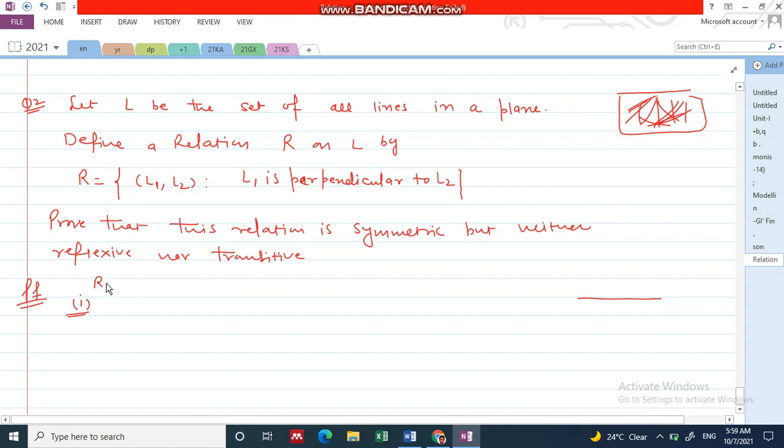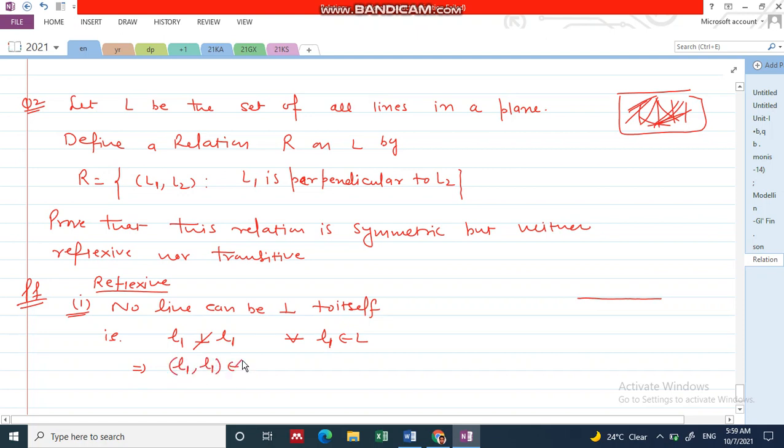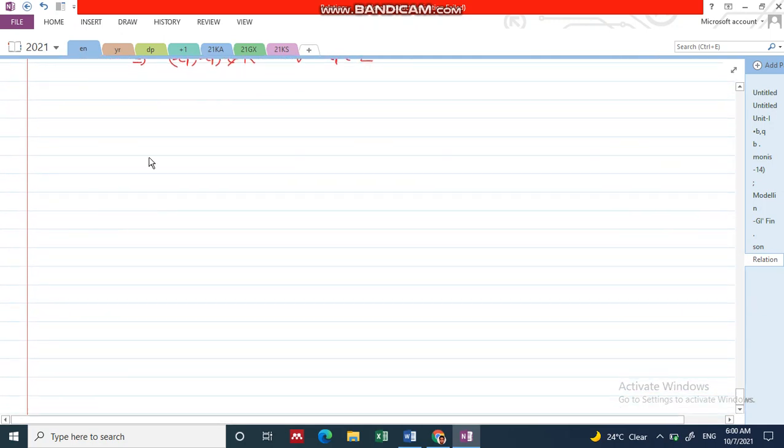So we write that no line can be perpendicular to itself, that is, L1 cannot be perpendicular to L1, and this holds true for all L1 belonging to L, because these lines are coming from the set L. As L1 is not perpendicular to L1, it means that (L1, L1) is not a member of the relation. So this relation is not reflexive.